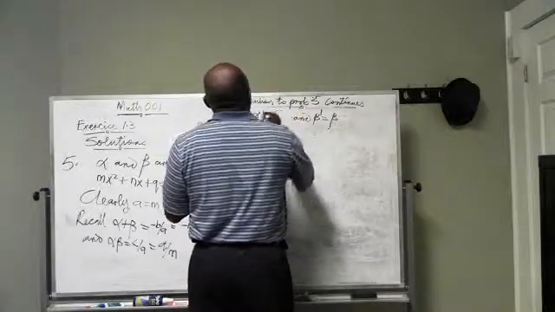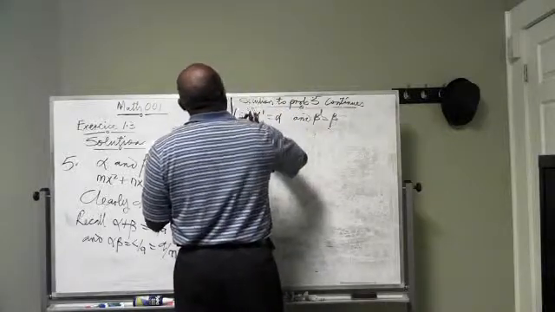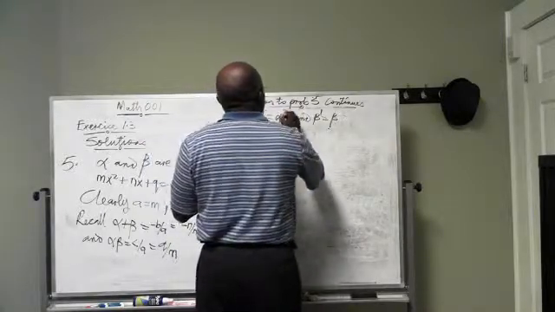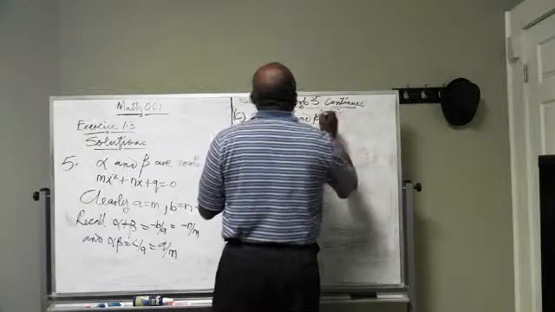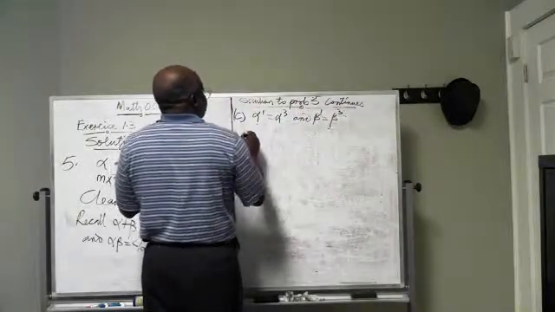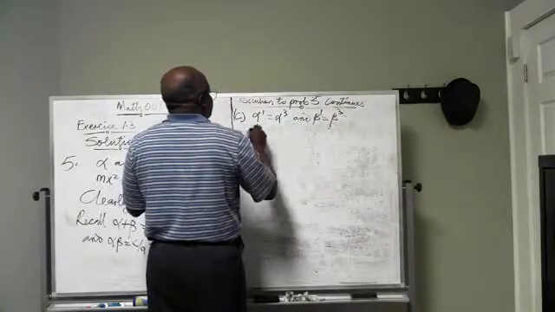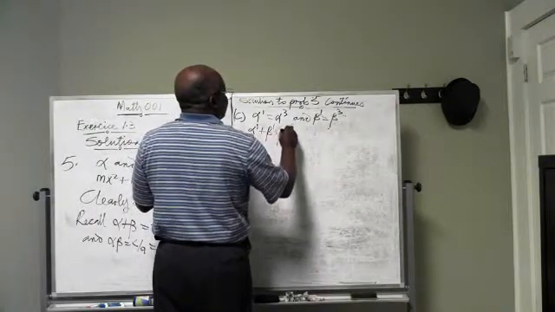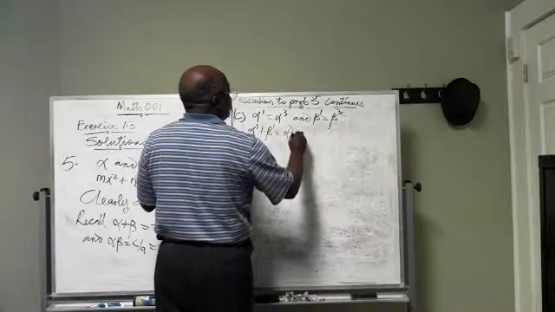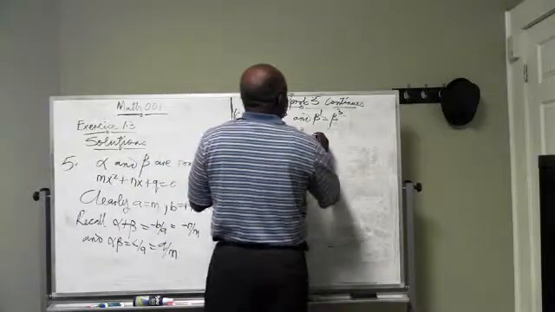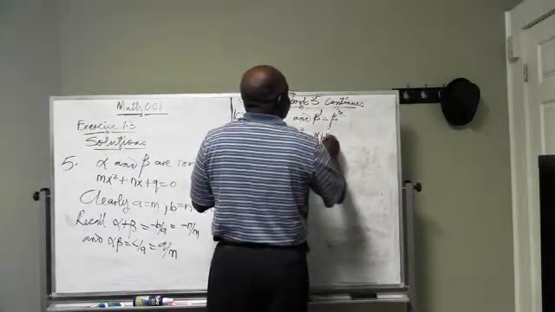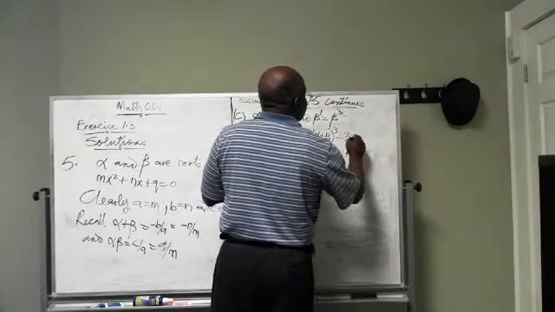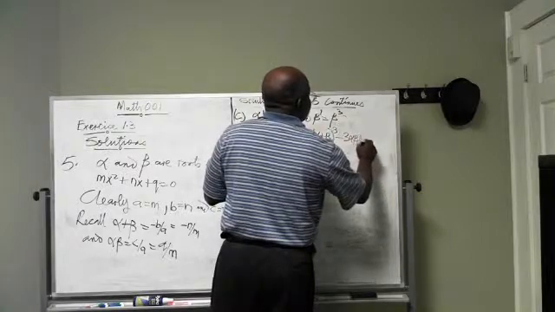Problem 5c, alpha prime equals alpha cubed and beta prime equals beta cubed, which implies alpha prime plus beta prime equals alpha cubed plus beta cubed, which is equal to alpha plus beta all cubed minus 3 alpha beta into alpha plus beta.